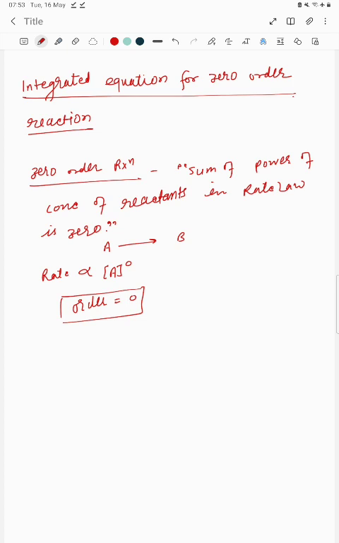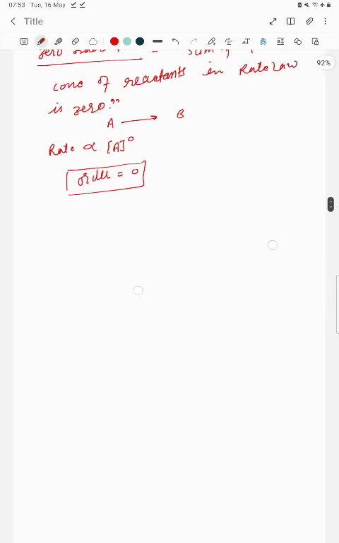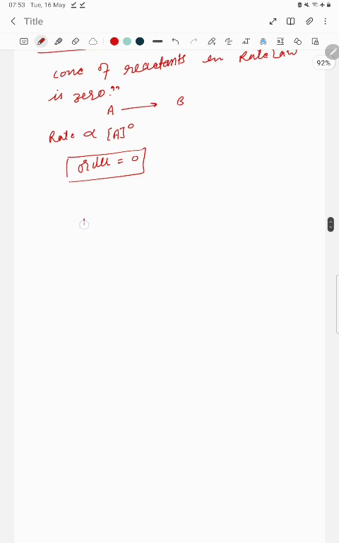Whenever integration is done, we write in terms of rate. So let us try, students.